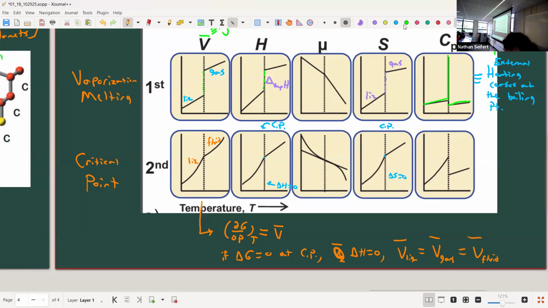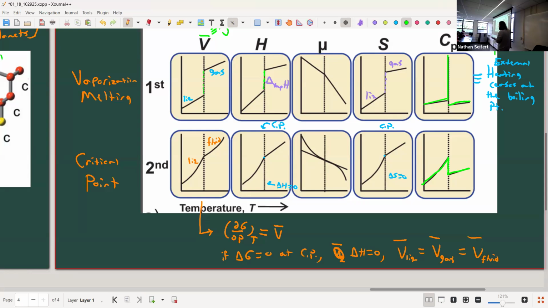Right, so it doesn't diverge, but the heat capacity has a discontinuity. Right, so slightly different than above, but this behavior looks a lot like this behavior. Right, so the things that are continuous in the second order phase transition are not continuous in the first. And the things that diverge in the first are discontinuous in the second.